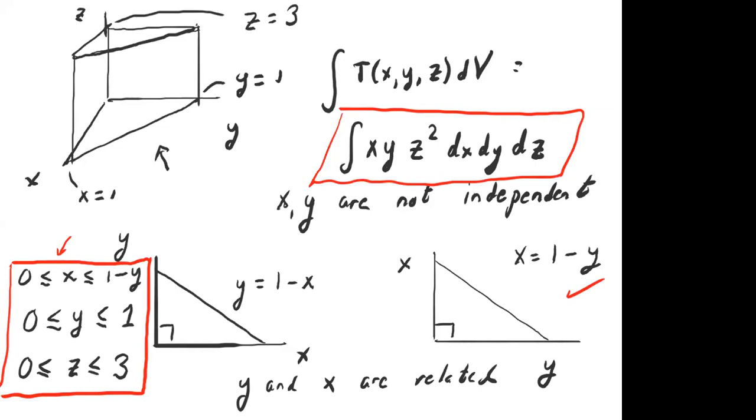Okay, in previous examples, if the variables were independent, then it didn't matter which order you did the integration. But here it's probably going to make a lot more sense to do the integral over x first, then you'll do the integral over y, then you'll do the integral over z. So let's see how this works. So here's the volume integral you want to do.